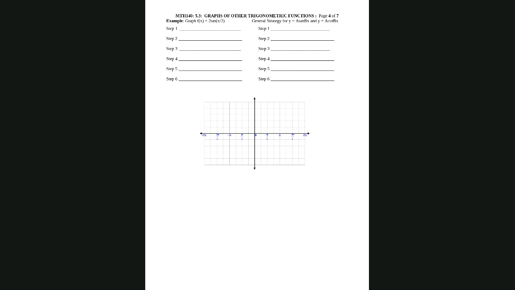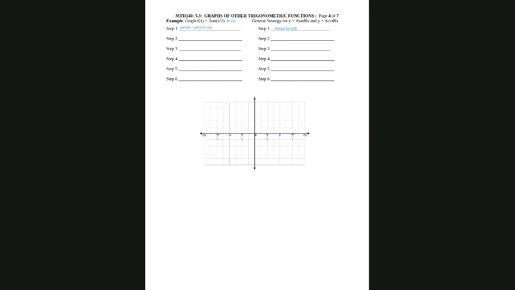So for our particular function here, f of x equals 2 times the tangent of x over 4, b is equal to 1/2. And so the period is equal to pi divided by 1/2, which is 2 pi.